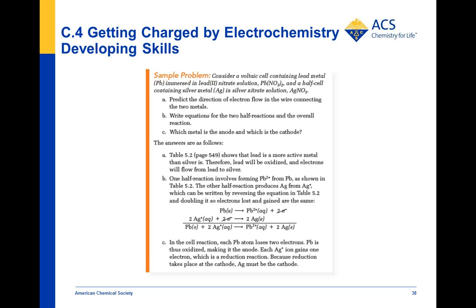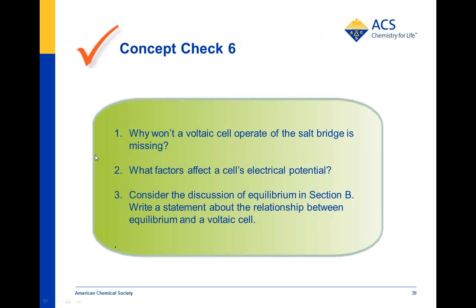Then we get to the concept check number 6, and we look at what happens if a salt bridge is missing from the voltaic cell. Students are being asked to think about the things that they learned in the first part of this unit, as well as what they did in the investigating matter and the diagrams that they've drawn, and try to recall that.